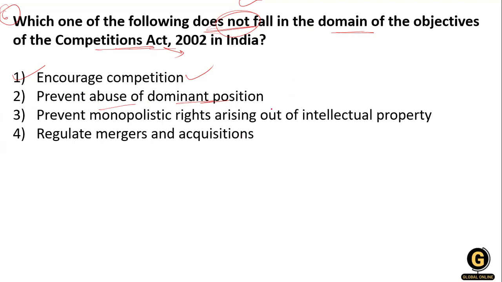For example, the railway. What is the railway doing? The railway is charging a price according to the status of the traveler.